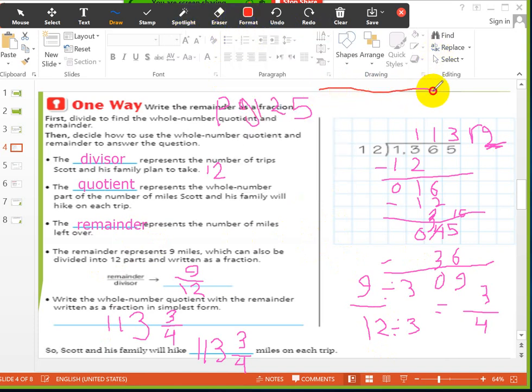This is the long trip, and the little part will be what? 113 miles, and there is a little bit here. This is 113 miles. This is a little bit number. It will be what? 3 over 4. I can't write it as a whole number, so I will leave it as a fraction.